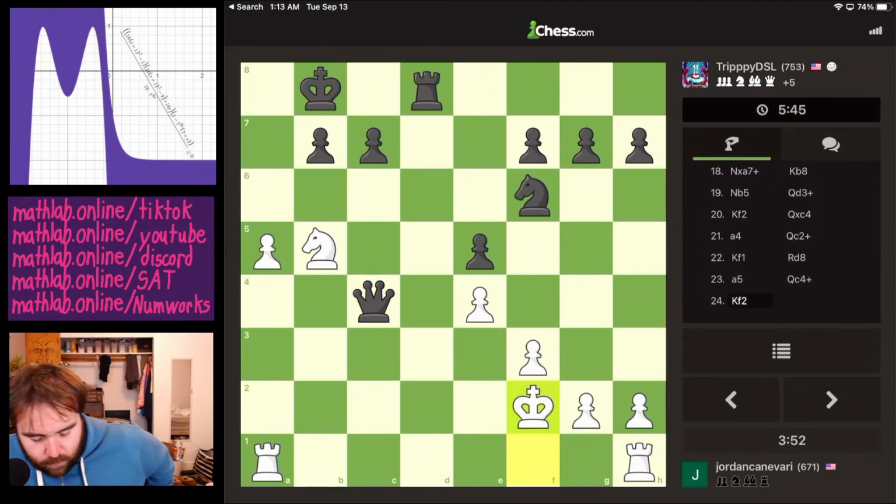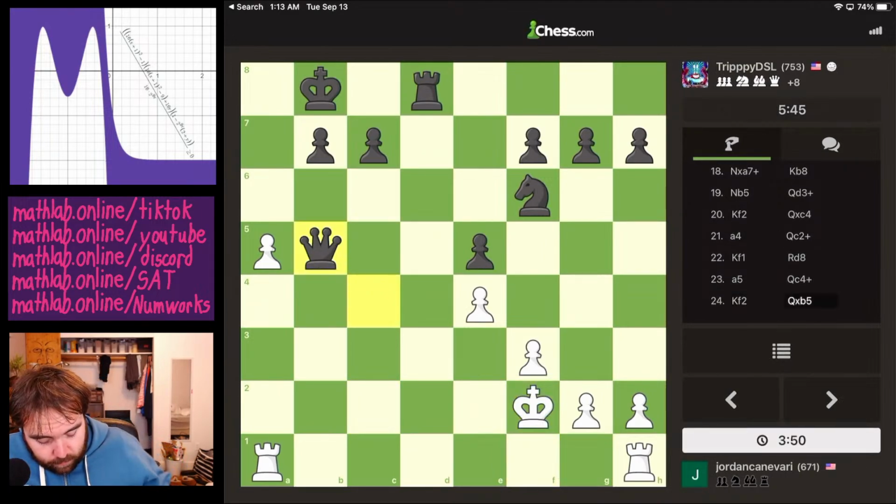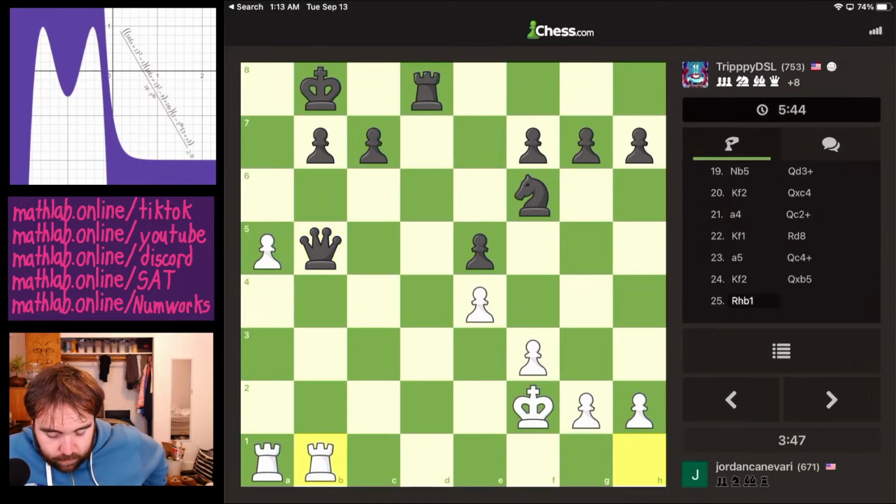Alright. Well, that's the opportunity to bring my rook out. So pop the rook there. And then see what we can do. Barrel down into that pawn. Would that work?